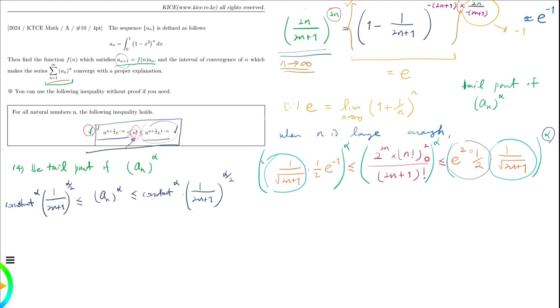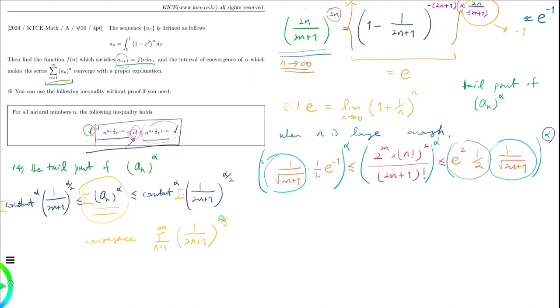So when you make a series here, the convergence of this series is the same as the convergence of the series of 1 over (2n plus 1) to the alpha over 2 power, summation n from 1 to infinity.